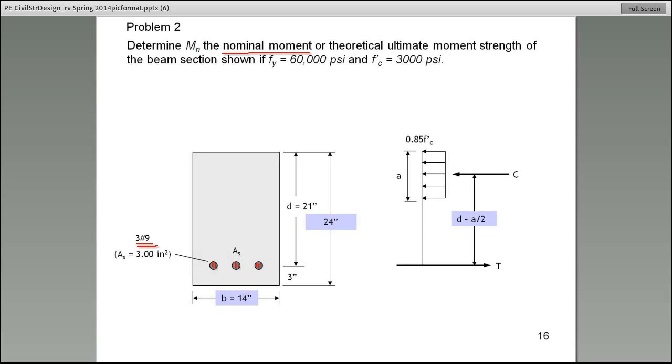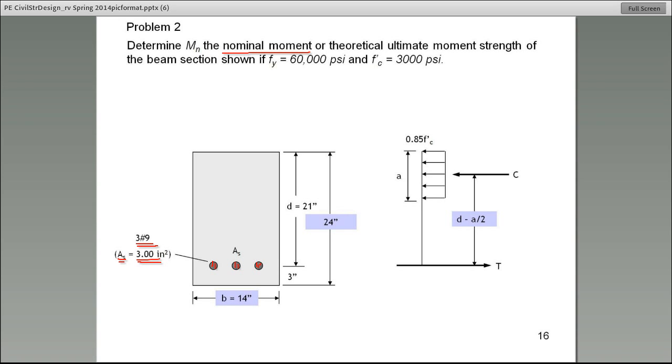In this case, we're saying that the tension is in the bottom, and we have used 3 reinforcing bars. Each one is a number 9. And if you go back to the previous slide, I showed you number 9. The cross-section of a number 9 is 1 square inch. Therefore, the total area of the steel, A sub S, is 3 square inches. I hope that you understand that because this shows up in several of the problems we'll be doing today.